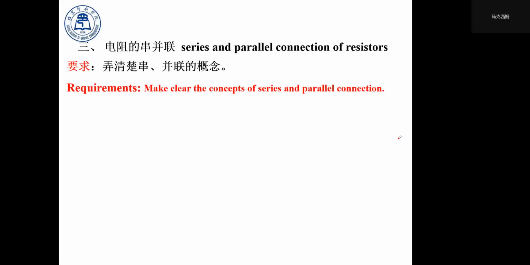Then we talked about the connection form of series and parallel connections. But sometimes we deal with some special types of connection. But we also use the series and parallel connection method to transform them into the mode that we recognize.